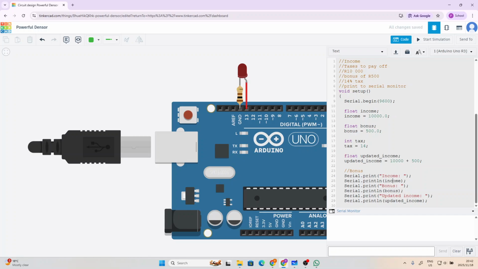But if I don't and just put a variable name, that variable's value, in this case, income's value, gets printed to the serial. Understand that? So, in essence, serial dot print where you put the quotation marks has to be different from the actual variable. Yes. There is a way to put it on one line, but I'm not going to teach you guys that. There's no need to learn that.